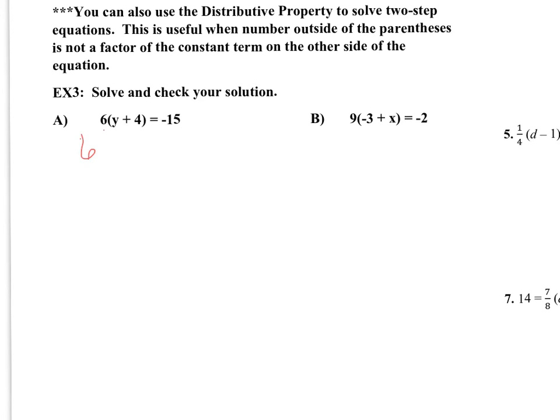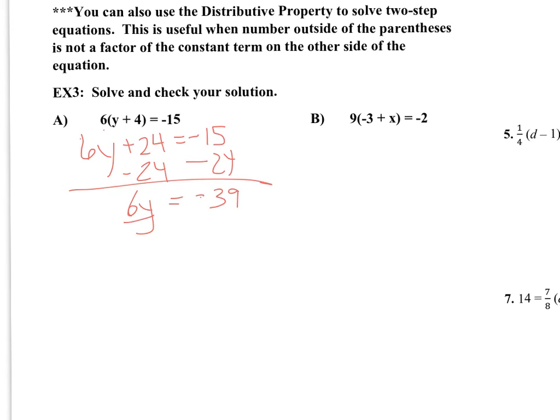So 6 times y is 6y, 6 times 4 would be positive 24, and then it equals negative 15. So now I'm able to subtract 24 from each side, and that leaves me with 6y equals negative 39. Then I can divide each side by 6, and y would equal negative 6.5.